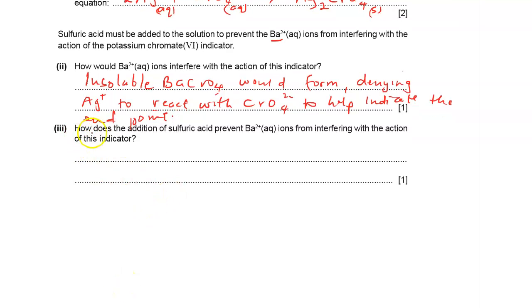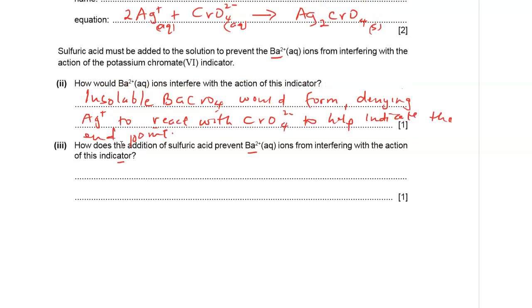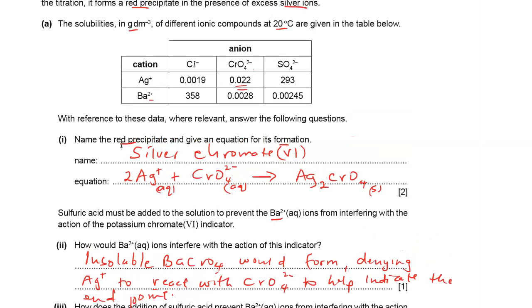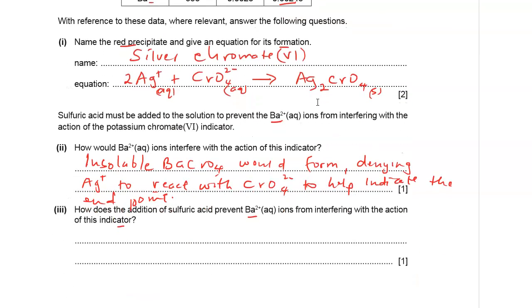How does the addition of sulfuric acid prevent barium ions from interfering with the action of this indicator? You can see, when you add sulfuric acid, the sulfate ions from sulfuric acid will react with barium, and barium sulfate is very insoluble, so it will form a solid. That will get the barium ions out of the way, and they will not interfere with the indicator.